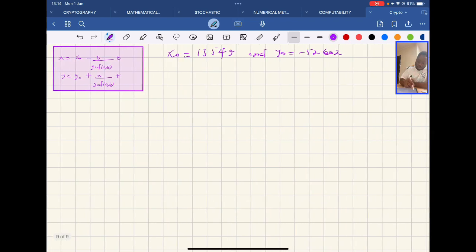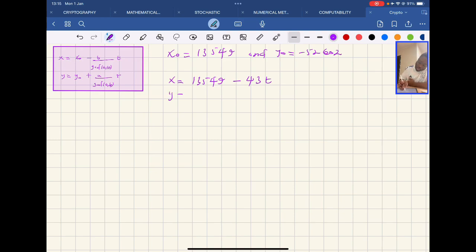Now, when you have this, you are just going to do substitution. You are going to get x is equal to 13549 minus b, and the b in this case is 43, so minus 43 over the GCD of a and b. The GCD of a and b was 1, so over 1, we are still going to get 43, times t.